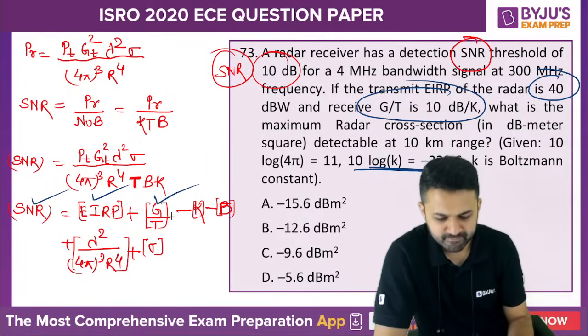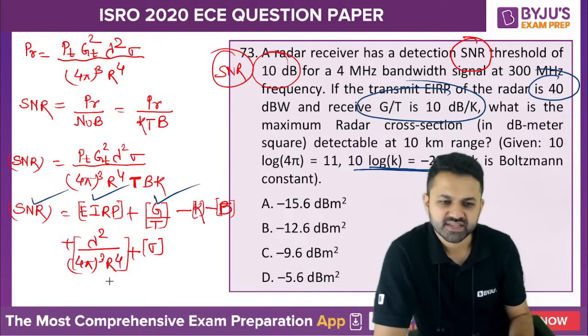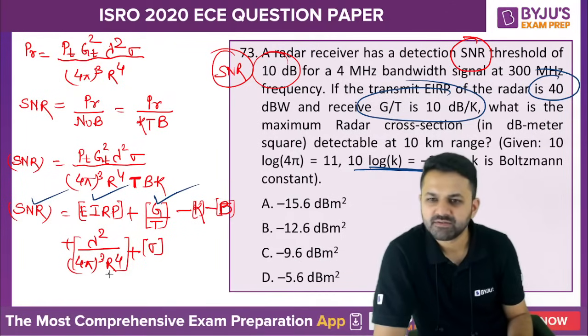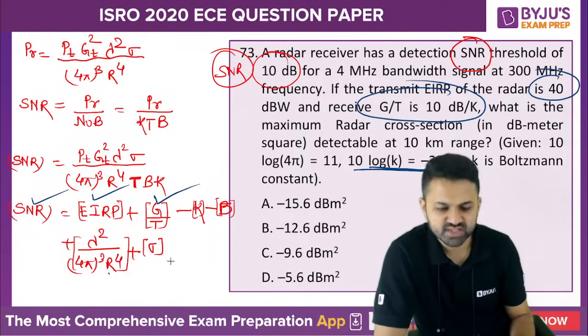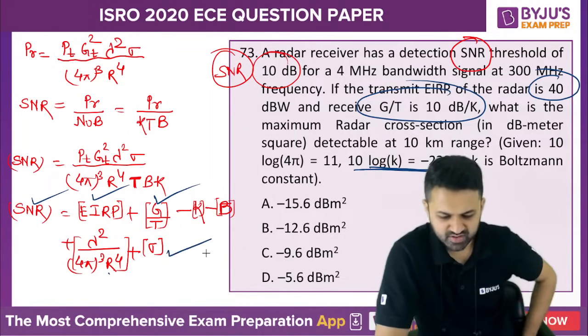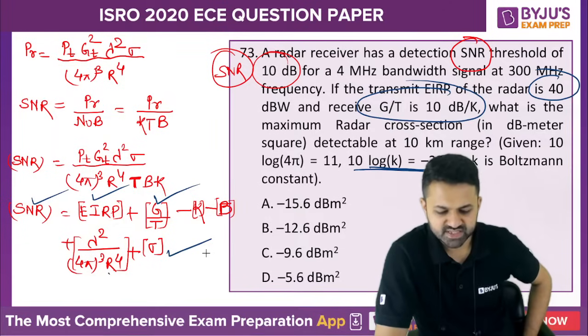This range is also given, the frequency is also given, so here also we will get the values. Now the only thing left is sigma.